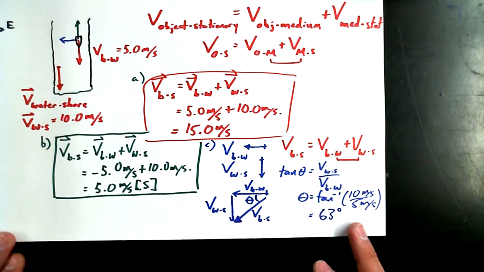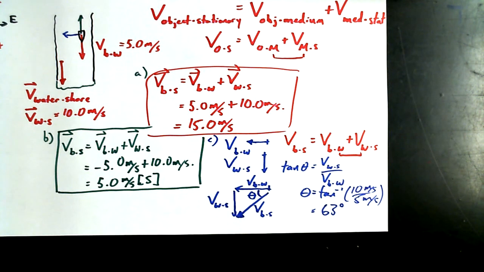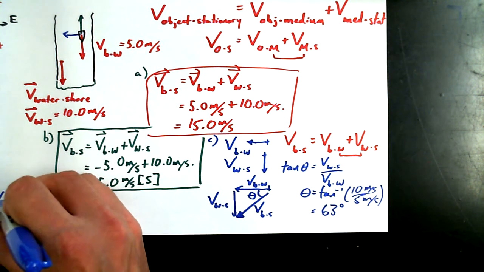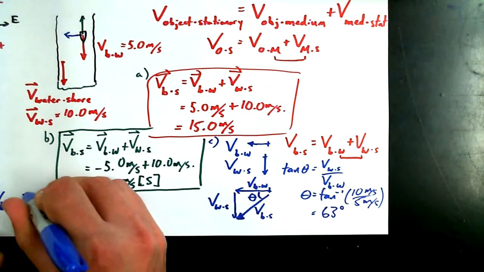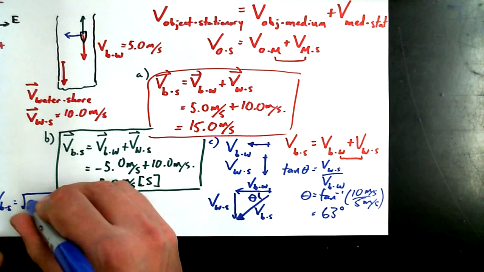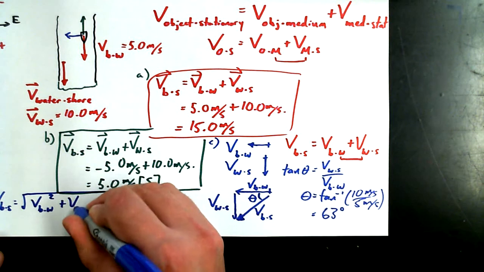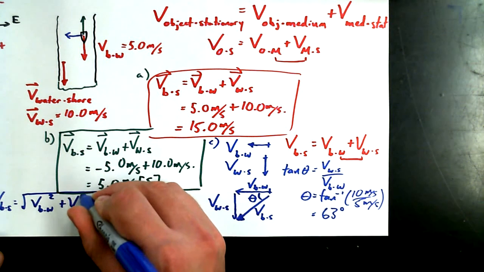Now I want to deal with the magnitude. The magnitude's a Pythagorean theorem calculation, so I can say VBS is equal to the square root of, that's just taking that square over to the other side prematurely maybe, but no, it'll be okay. Square root of VBW squared plus VWS squared.